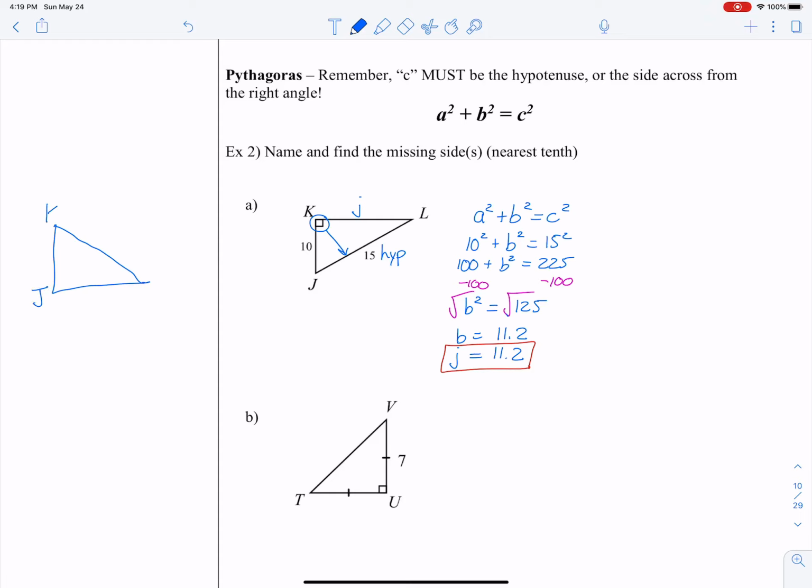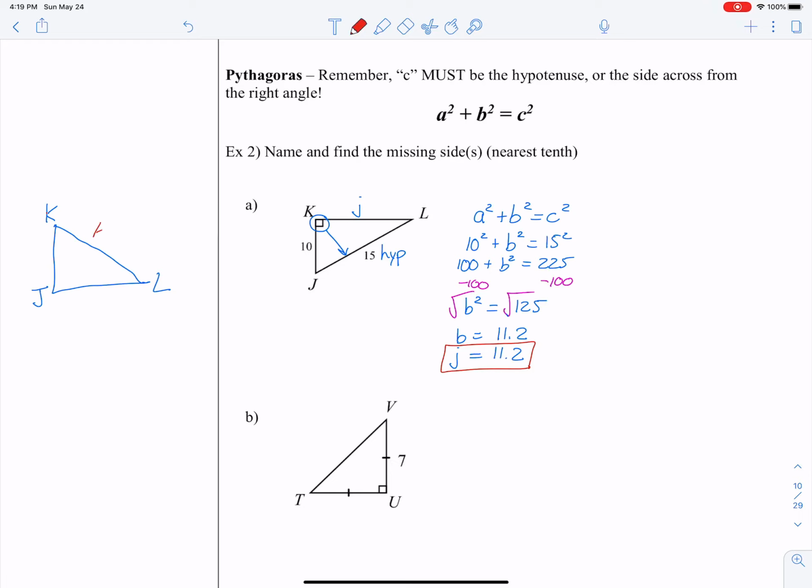J, K, L. So another way to name sides is instead of using the opposite, so putting this as little k, the other way of naming is you take the 2 endpoints and you leave them as capital letters.